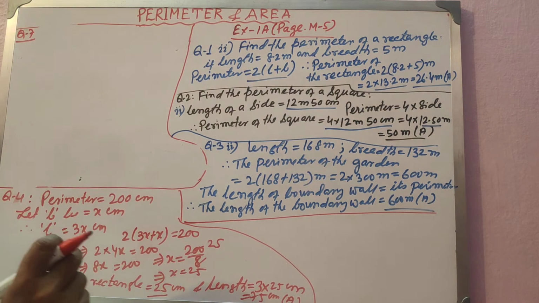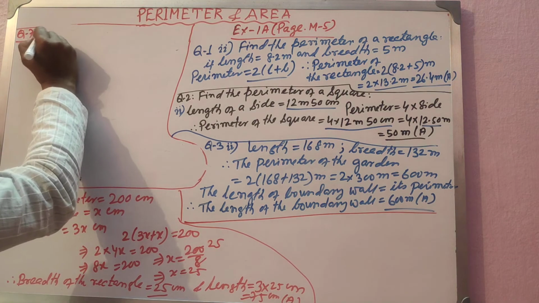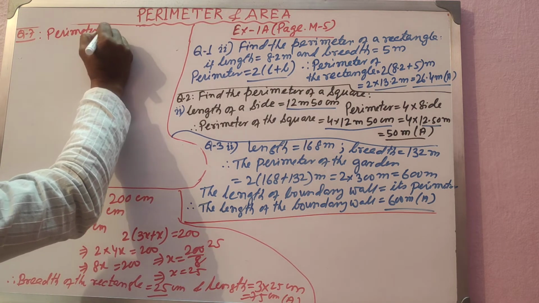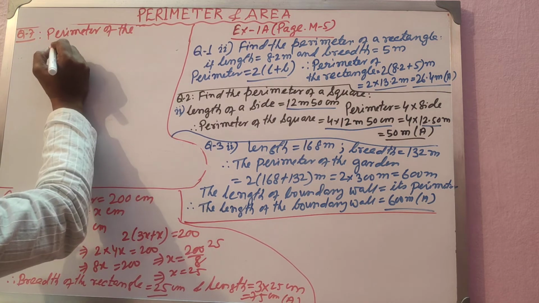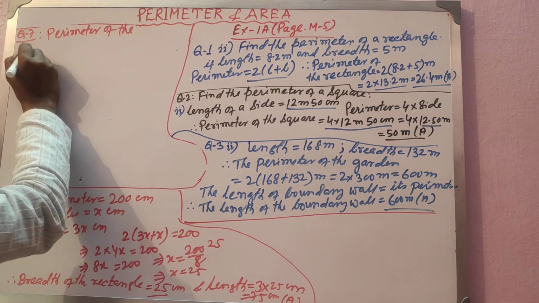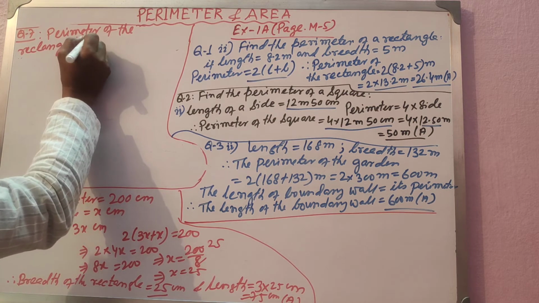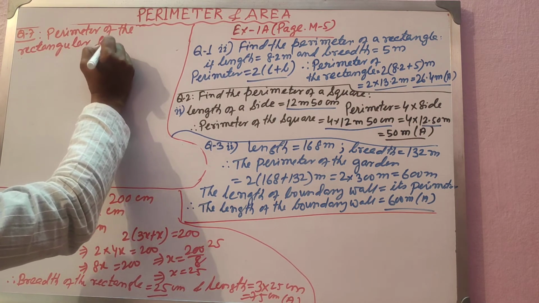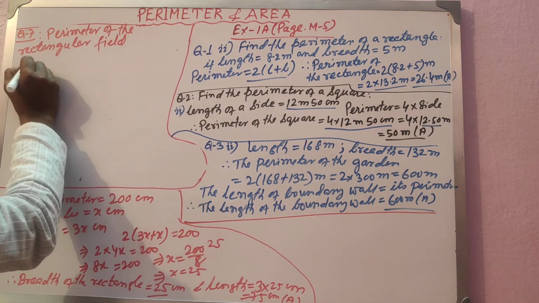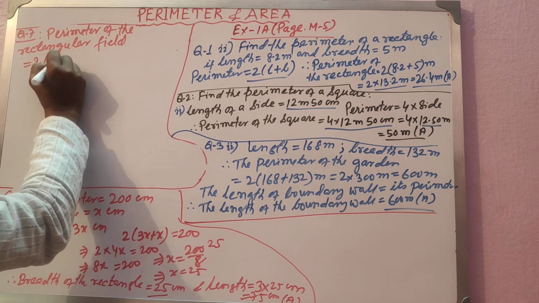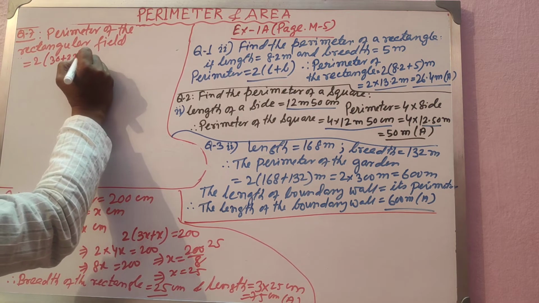See, for Nupur, the perimeter of the rectangular field is equal to what? 2 into (30 plus 22) meter.